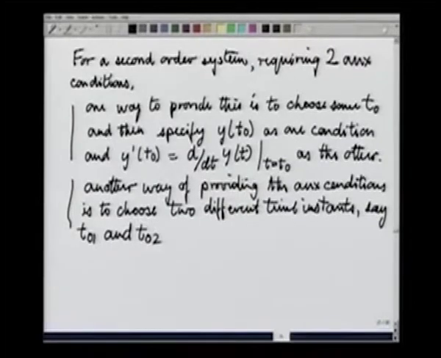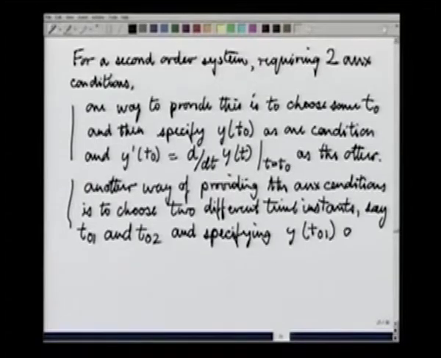So, another way of providing the auxiliary conditions is to choose two different time instants, say t01 and t02, and specifying y of t01 and y of t02.